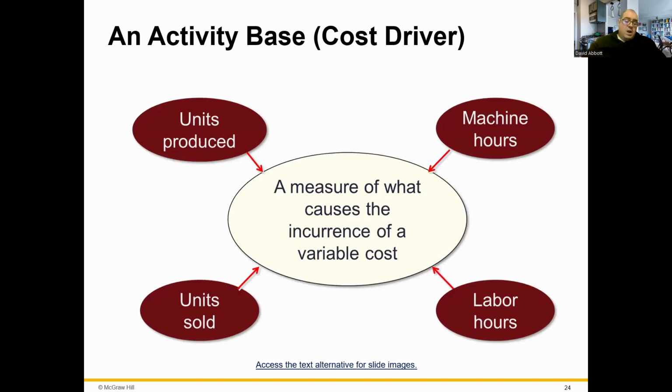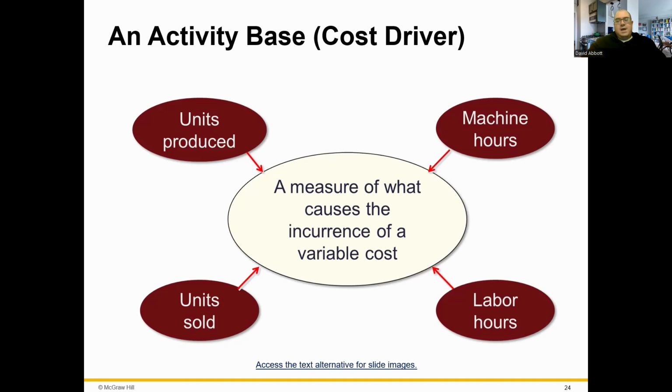And one of the things to be aware of is you have to have an activity base, which would be a cost driver. This is a measure of what's going to be the influence on your variable cost. It might be based upon the number of units that are produced, the number of units that are sold.